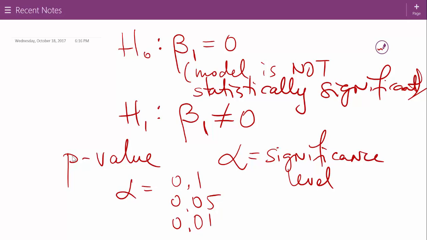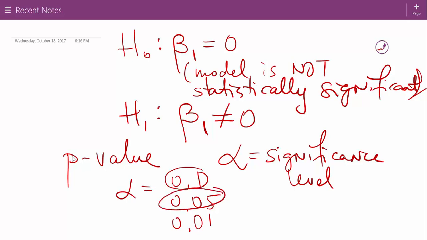So if my test is conducted using alpha 0.1, that's considered to be a weak evidence, because 0.1 is a relatively large number, okay? It's not very hard to reject the null hypothesis if your alpha is 10%. I can have a relatively large p-value such as 7%, and I would reject, okay? So that's considered to be not a rigorous test.